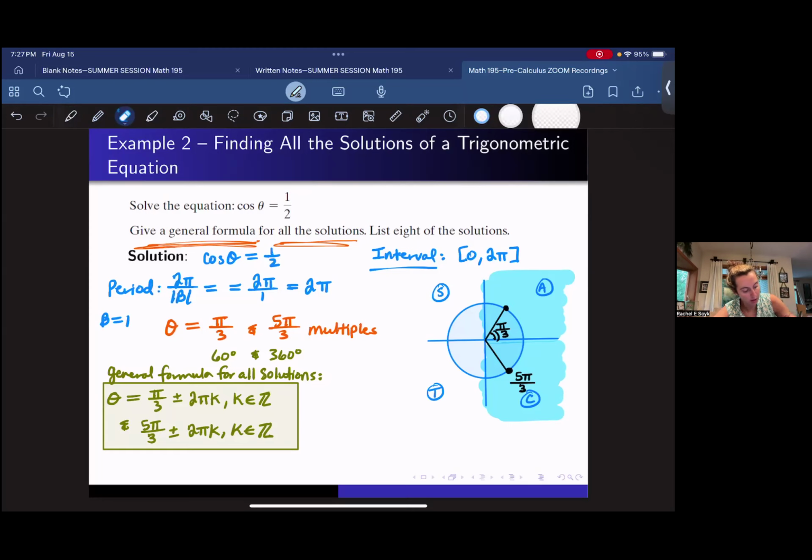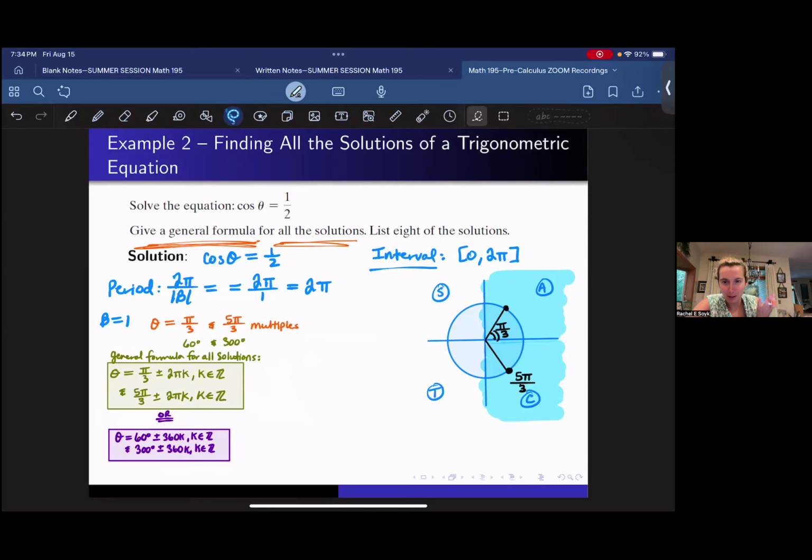I made a mistake here. 360 minus 60 gives you 300. So it's 60 degrees and 300. So 300 plus or minus 360k, where k is an element of all integers. And I'll include that right below this one. Maybe I'll shrink this to make it a little more organized for you guys. So I took the liberty of putting the degrees down here if you guys are more comfortable with that conversion.